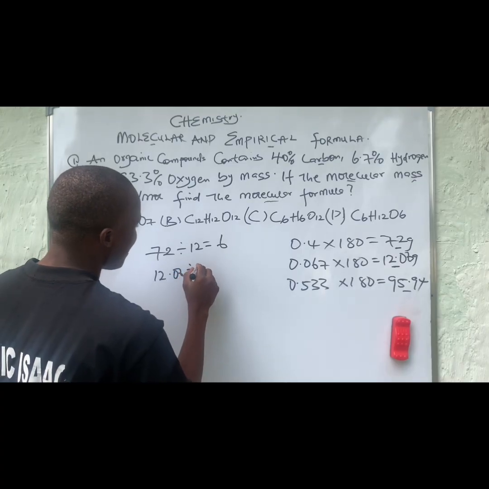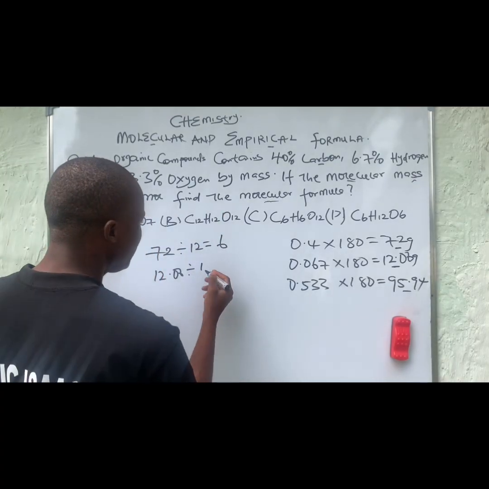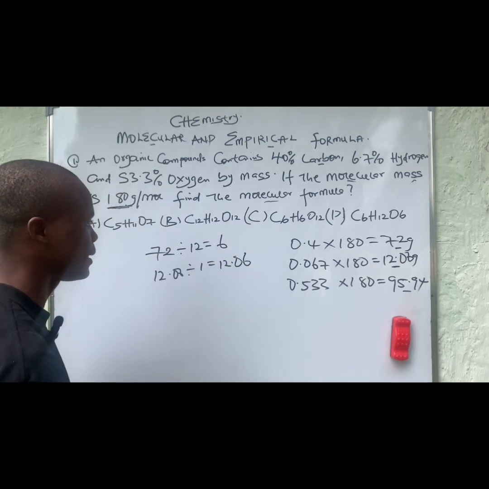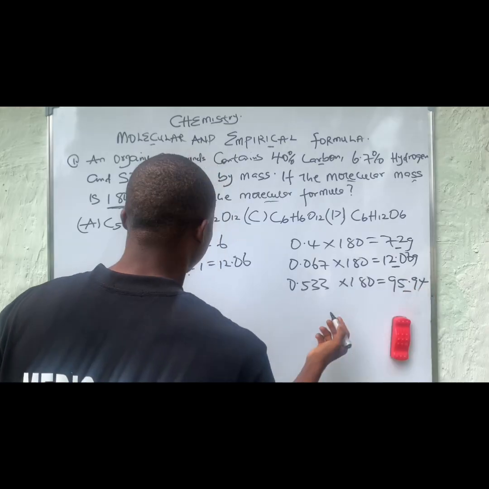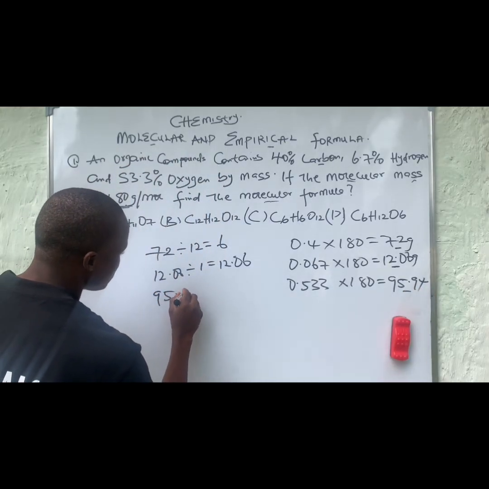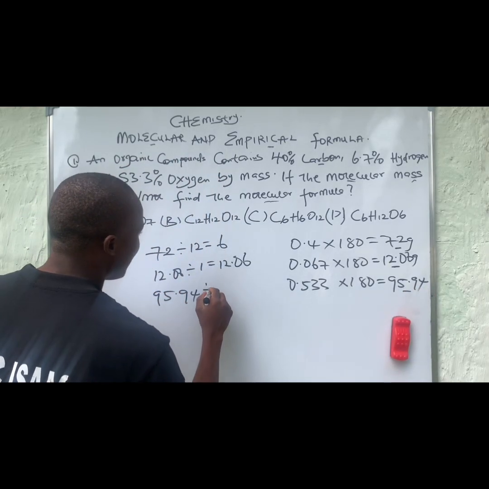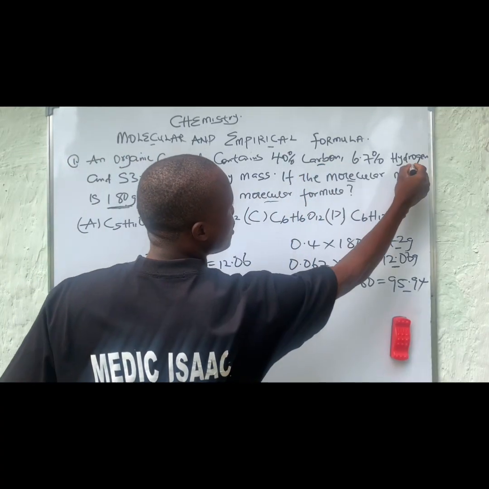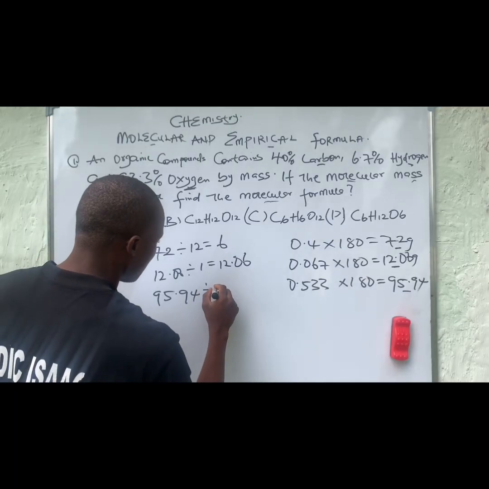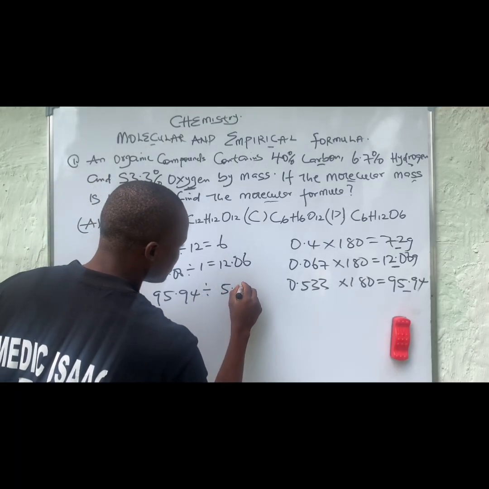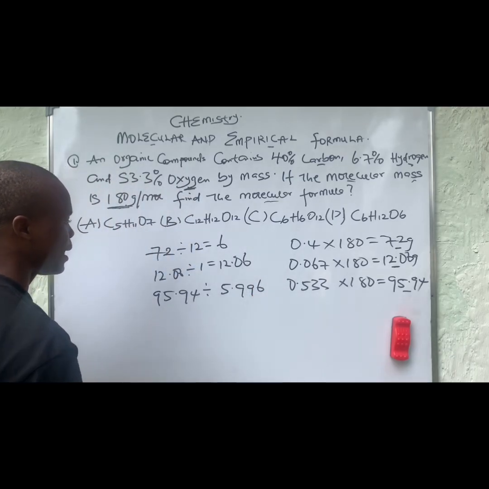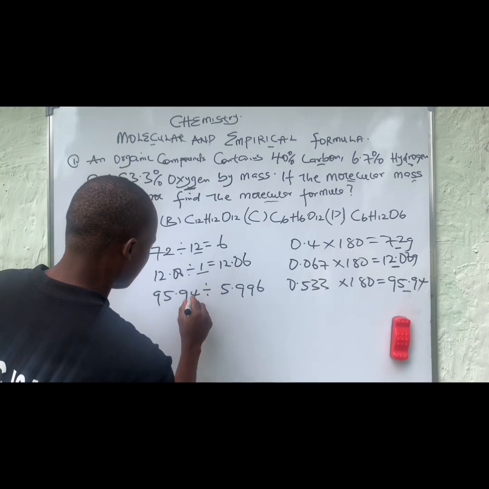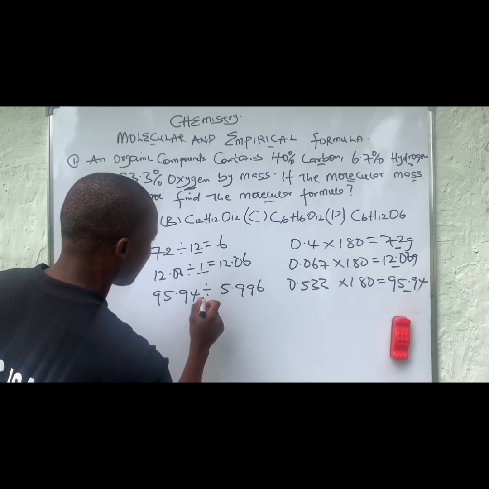12.06 divided by 1, which is hydrogen, will give us 12.06. The last one is 95.94 divided by 16, which is oxygen. I'm taking my answers from this place. It will give us 5.996.